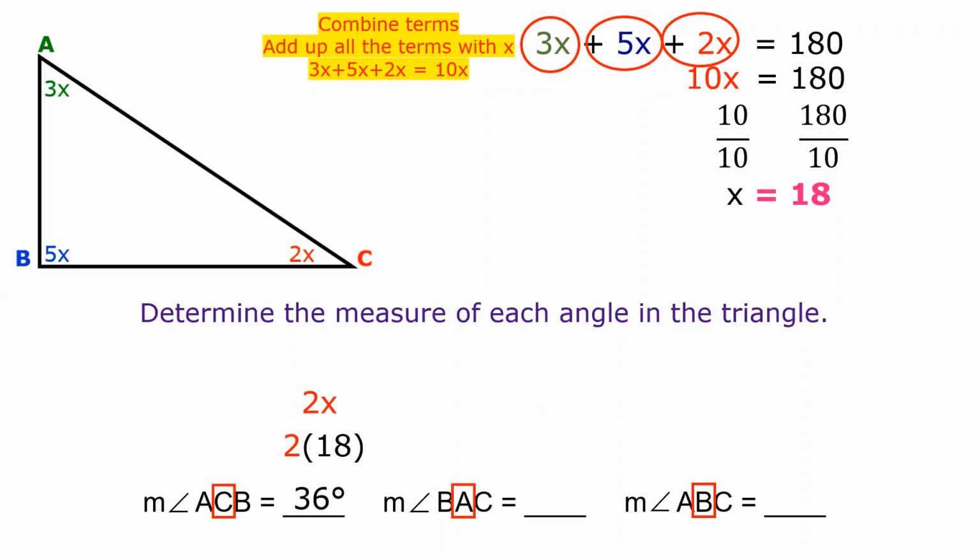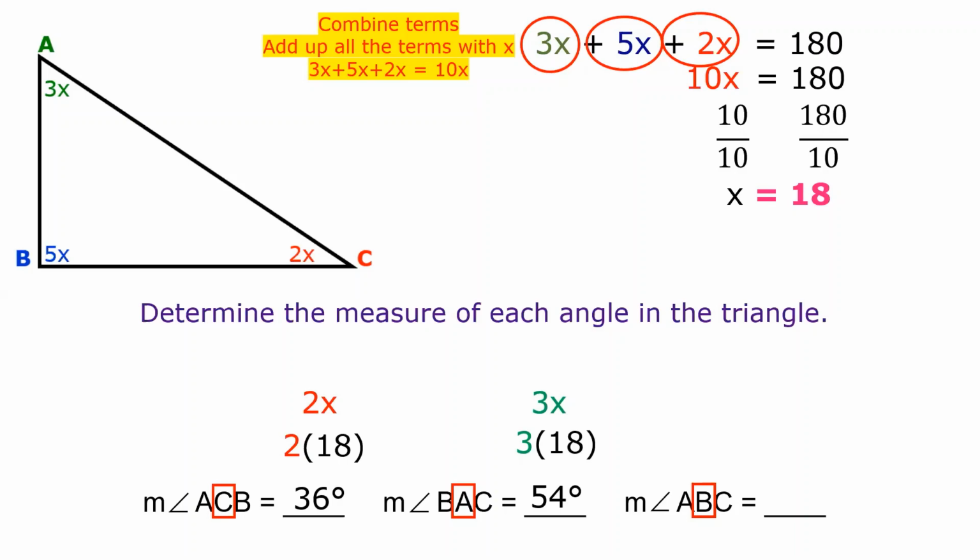We're going to move on to A. Measurement of angle BAC. Angle A has the expression 3x, so you just multiply 3 times the value of x, which is 18, and 3 times 18 gives you 54 degrees.